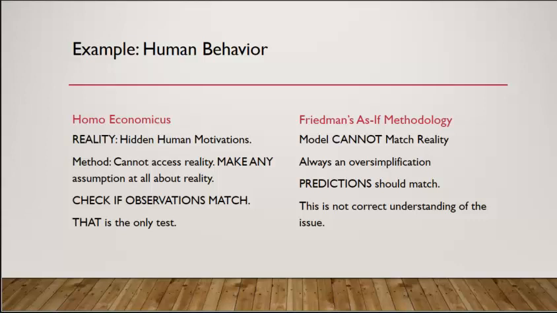All we want to show is that there is a match between the observations and the predictions of our model. This is what Friedman's as-if methodology says, in the very famous essay. This was when very strong data emerged that firms do not maximize profits.